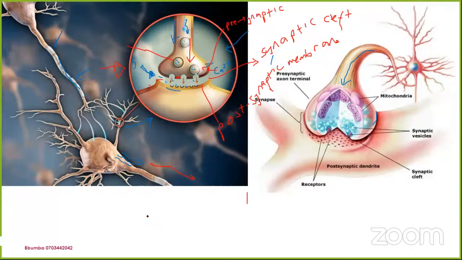Alvin says, is the calcium aided with a transport system to move? Yes, it is by active transport. There is, of course, some of those details that are not required for this level. Alvin, if you can look at this picture here, which is currently being displayed, have you ever seen this thing called mitochondria? Mitochondria are in all cells. They're called the powerhouse.